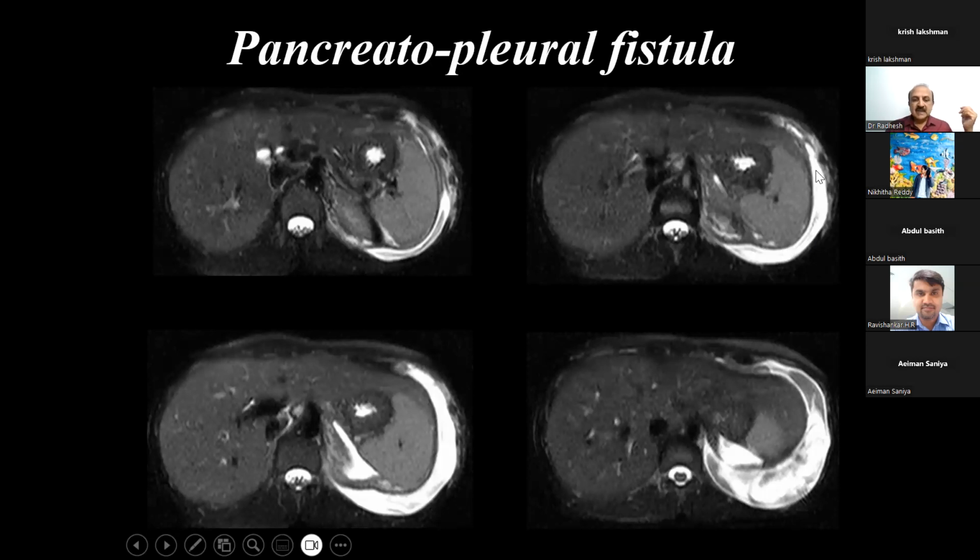So with a high amylase lipase level within the pleural fluid, you ask for an MRCP, invariably we can demonstrate where the site of the leak is. Is it the tail, which is a common site, or is it going up from the body into the mediastinum and then opening into the pleural cavity? You see this? The entire duct is leaking here and going into the pleural cavity.